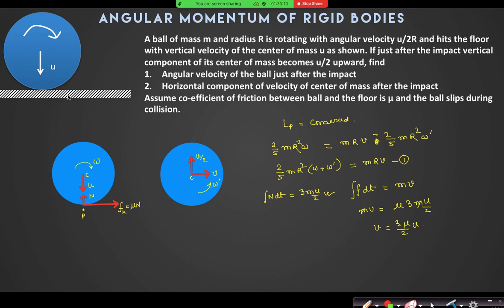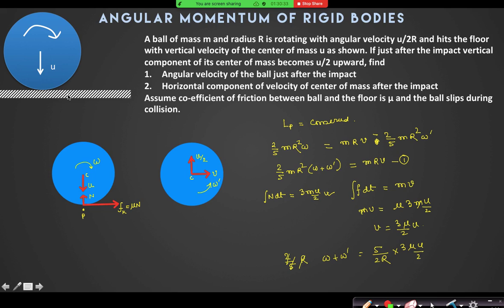If I put the value of v here, am I getting the same value of omega prime that we got? Let us check. So omega plus omega prime is equal to 5 by 2r into v, that is 3 mu.